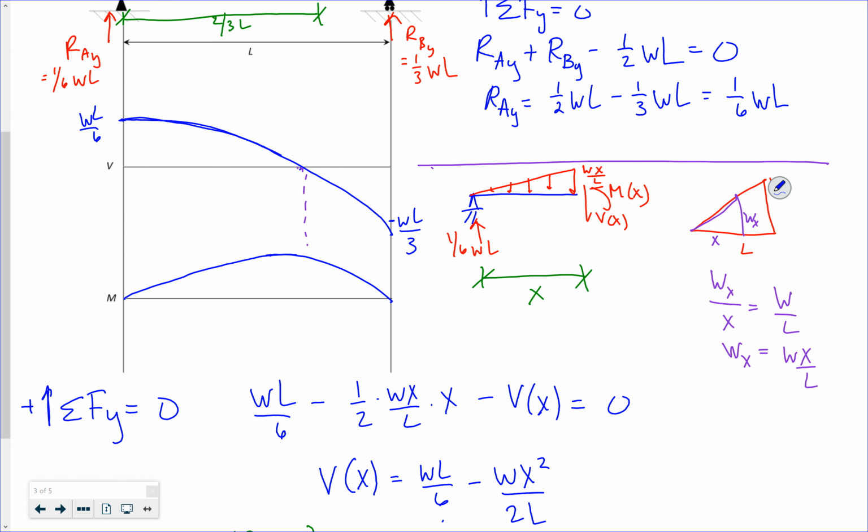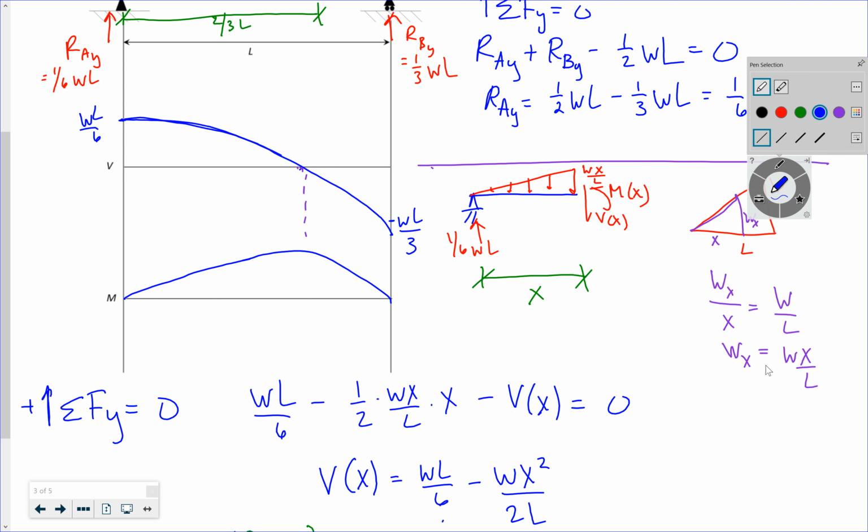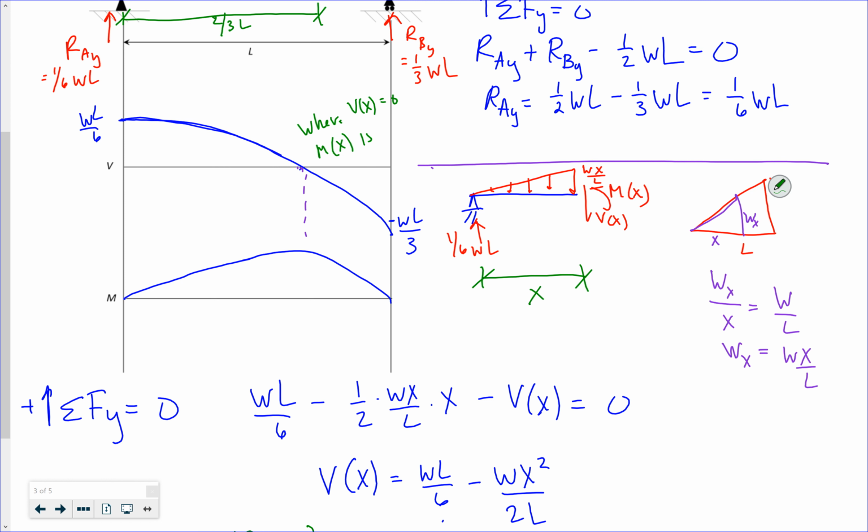There we go. That doesn't have the right maximum. Okay, see maximum, like that. Something like that. Right? Where shear equals 0, M is maximum.